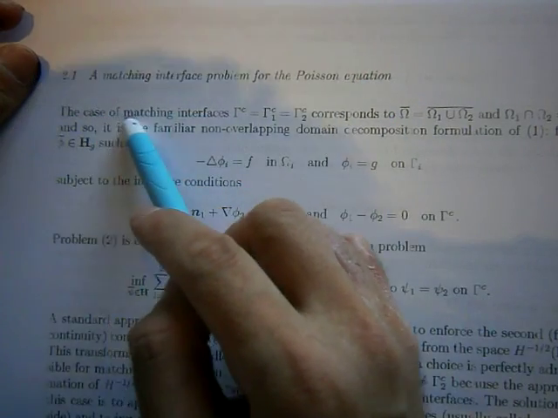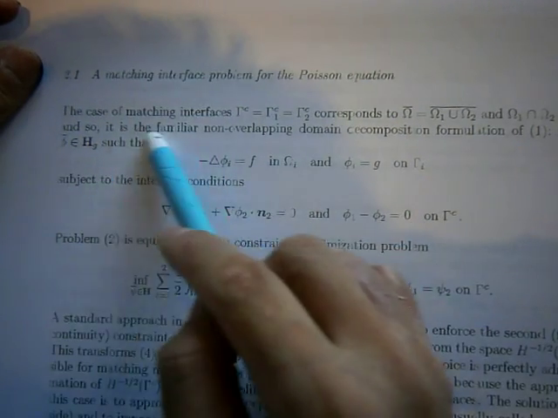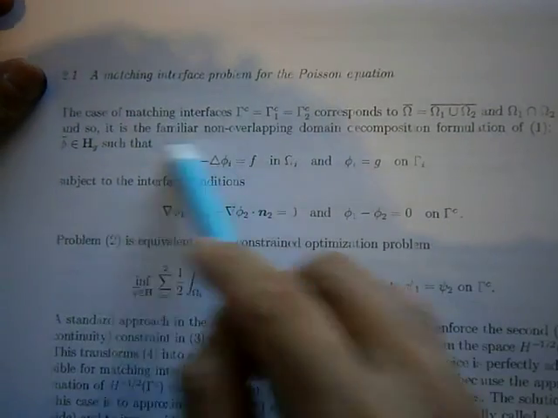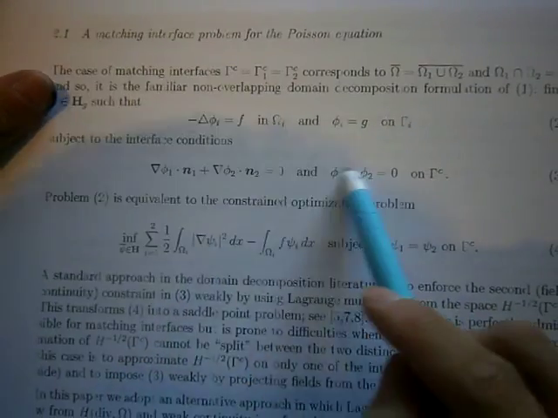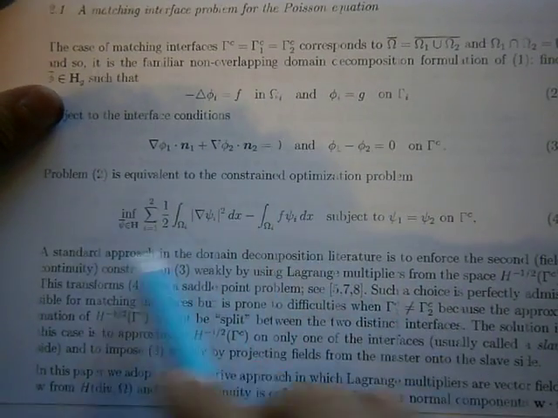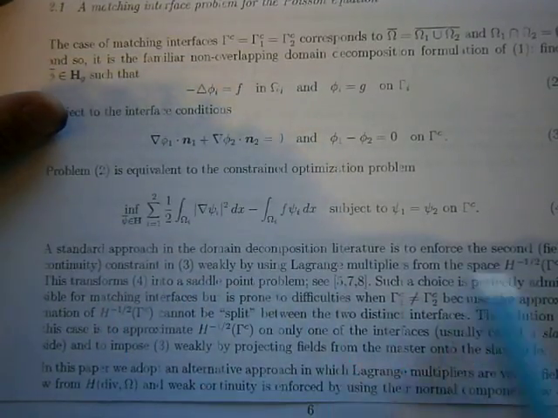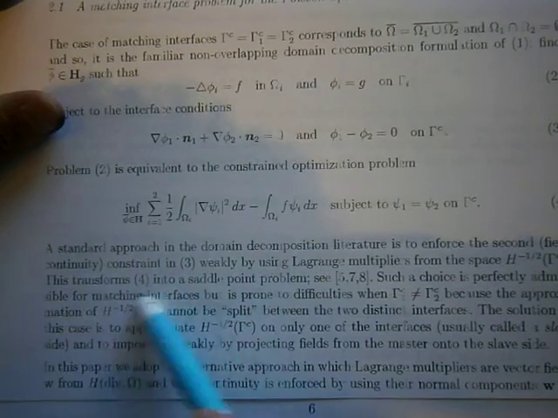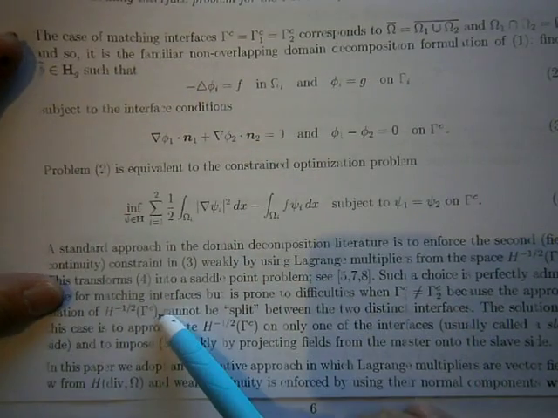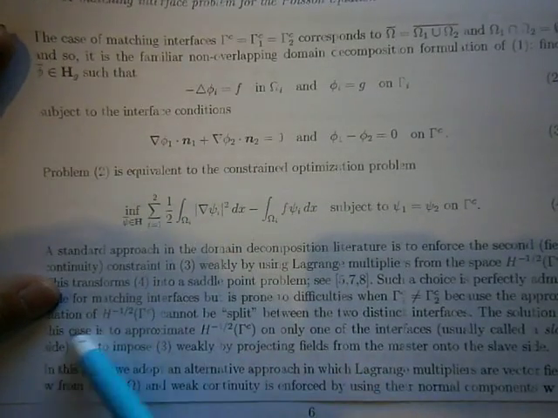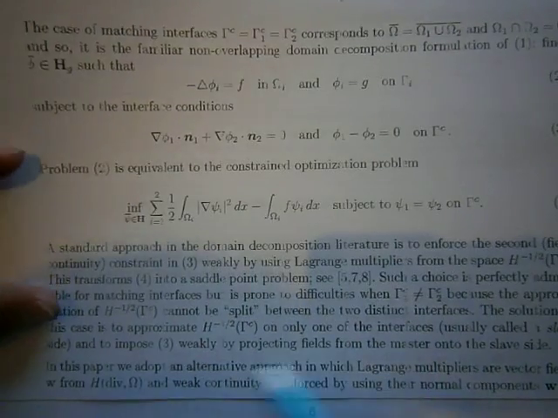The case of the matching interface corresponds to the interval overlap component of formulation and the set interface condition equation. The condition of problem has several approaches: the condition of the inverse of file condition, the multiplier and the traditional problem, and the interface solution, the approximate interface solution projection is about approximation.